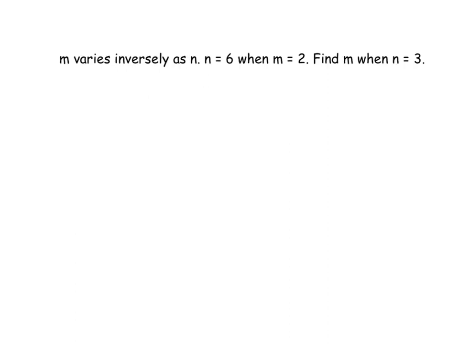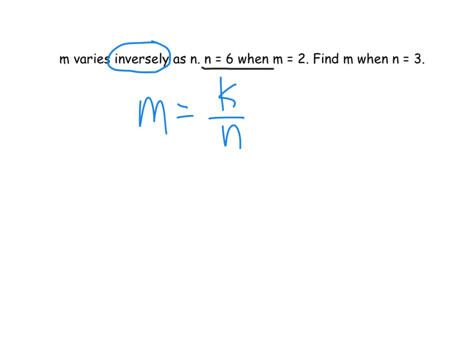Here's another one. It says m varies inversely as n. So if my variation type is inverse, m equals k over n. Now I'm going to plug in for m and n to solve for this k. We have been given that m is 2 when n is 6, so we know our constant of variation is 12.